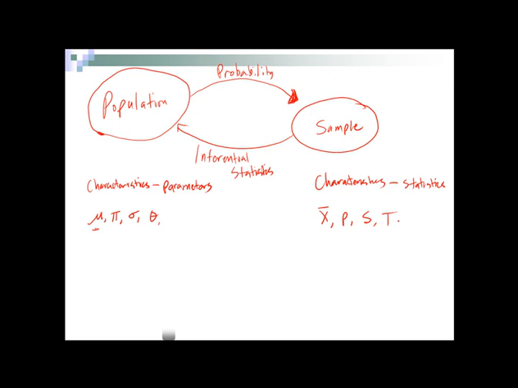And the sample characteristics, or statistics, allow us to make statements about the population characteristics. And this inferential statistics is done by what we call making confidence intervals and hypothesis testing.